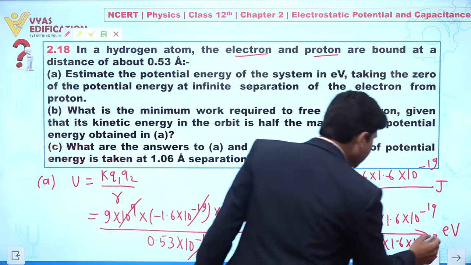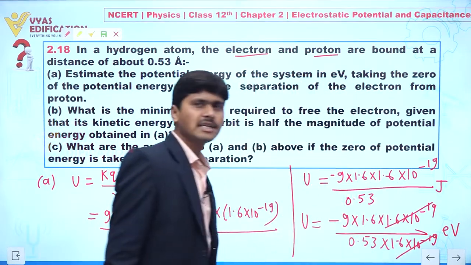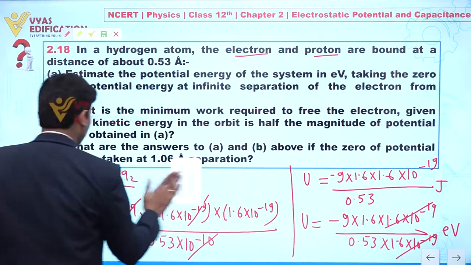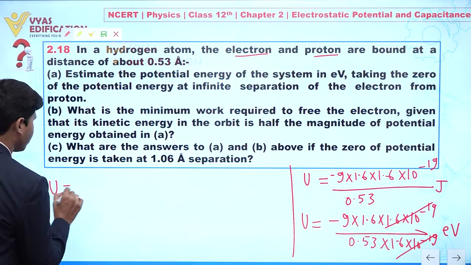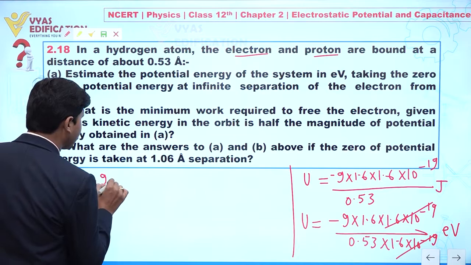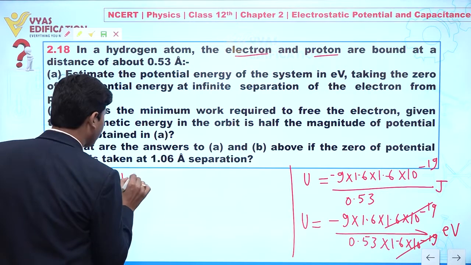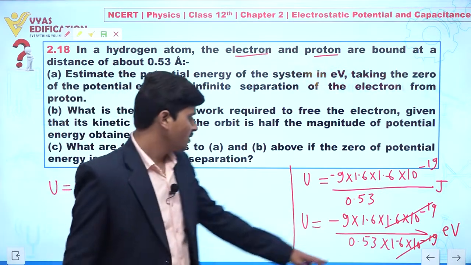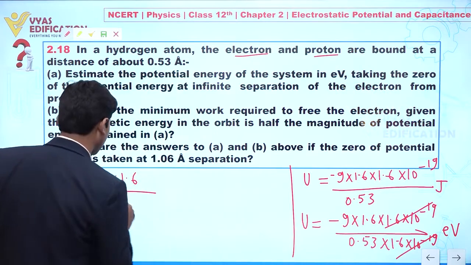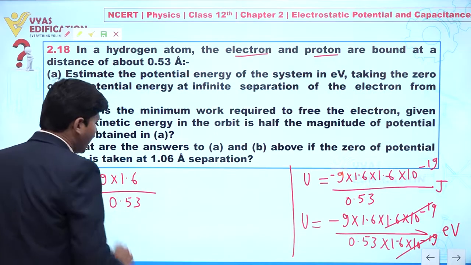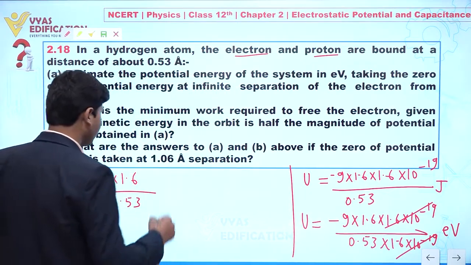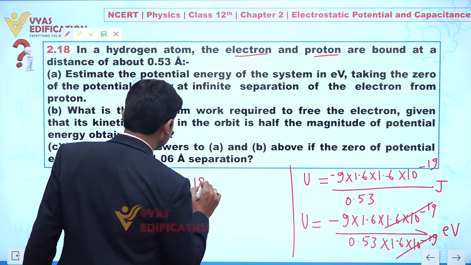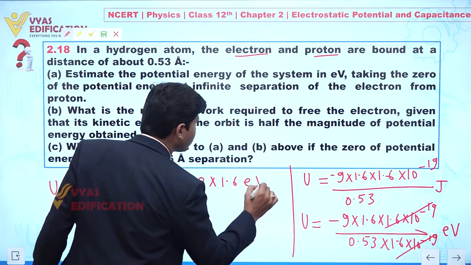So this and this cancel out. Now the value of U equals minus 9 into 1.6 divided by 0.53. Actually we can take 0.53 approximately as 0.5, so this is 1 by 2, and we can say this is minus 18 into 1.6 electron volt.